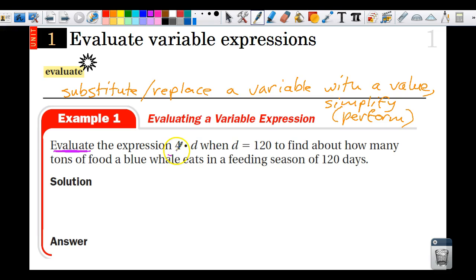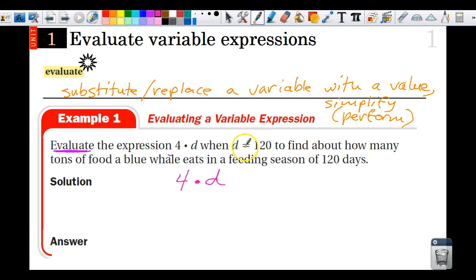I want to evaluate the expression 4 times d when d is 120 to find out about how many tons of food a blue whale eats in a feeding season of 120 days. Well, we first need to write down the expression that I have, 4 multiplied by d. And again, it asks us to evaluate, which means to replace the variable, which is d, with a value.